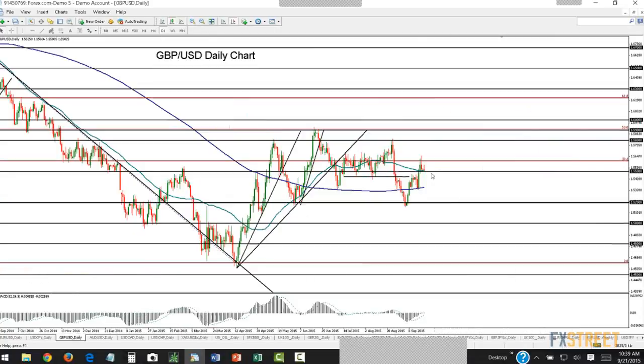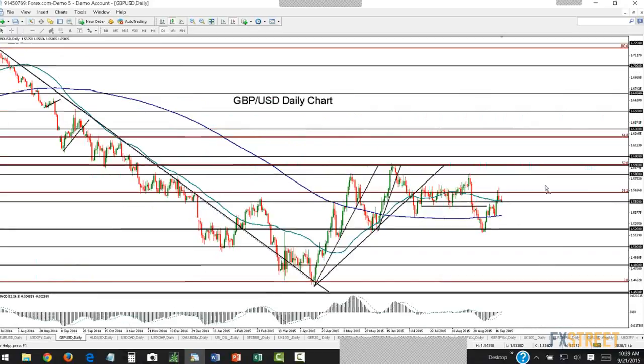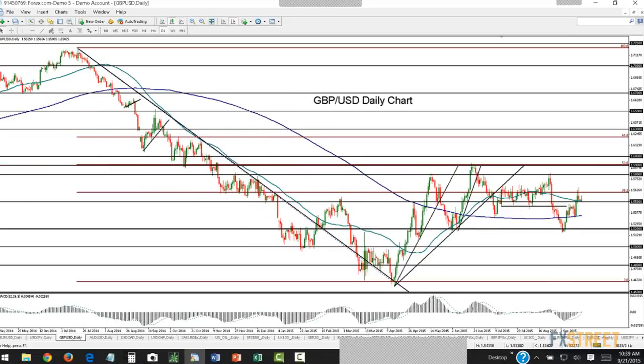Okay, pound dollar. I'm also looking for downside on pound dollar. Why? It also has to do with interest rates. Now, the UK is also expected to raise interest rates. Originally, in the past several months, the speculation has been that the U.S. will be raising interest rates earlier than the Bank of England.